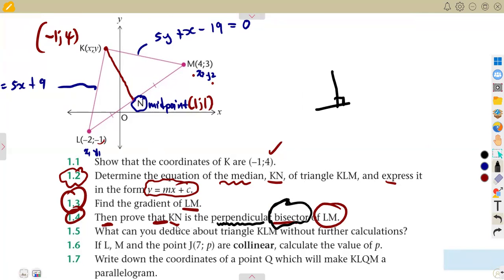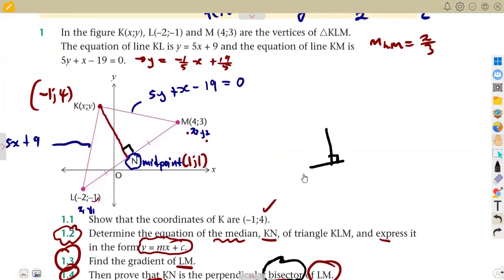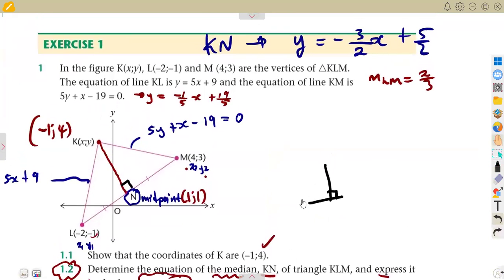Because already we're told that this is the median Kn, and we say this is the midpoint. So now they want us to prove that this line Kn is at 90 degrees. That is what they want you to prove. Because the bisector concept is done. It's done. The bisector concept is the one that we had before, the midpoint concept. So we need the perpendicular part. So what is going to be it now about being perpendicular? All right, that's 1.4.